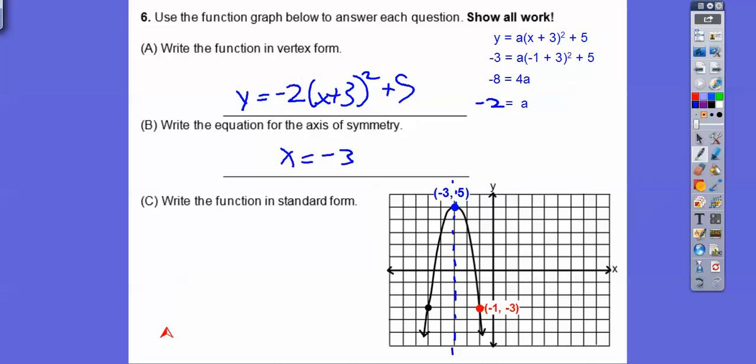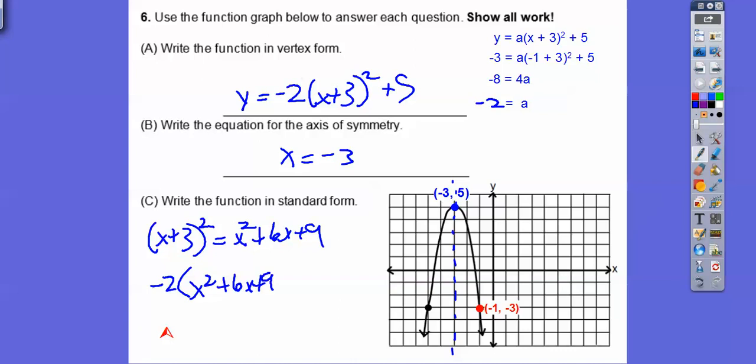And then to put it in standard form, you guys, I got to FOIL out x plus 3 first. Squared is going to be x squared plus 6x plus 9. And then I'm going to multiply the -2 through. X squared plus 6x plus 9. And then add the 5 at the end. So -2x squared minus 12x minus 18 plus 5.